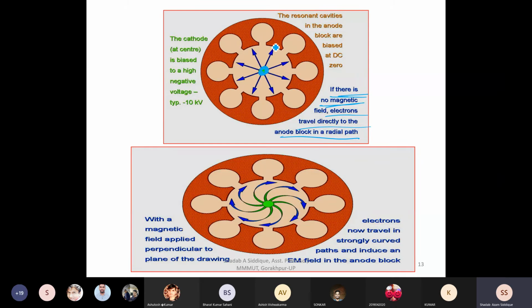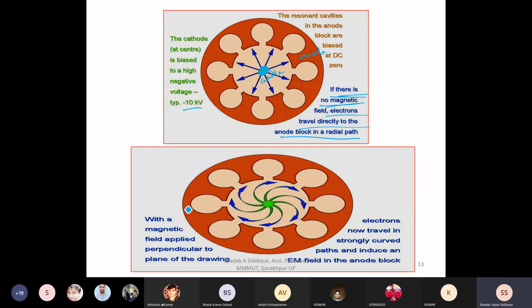This is the anode, and this is the cathode. The resonant cavities in the anode block are biased at DC 0, and the cathode is biased at some voltage, typically minus 10 kilovolt.